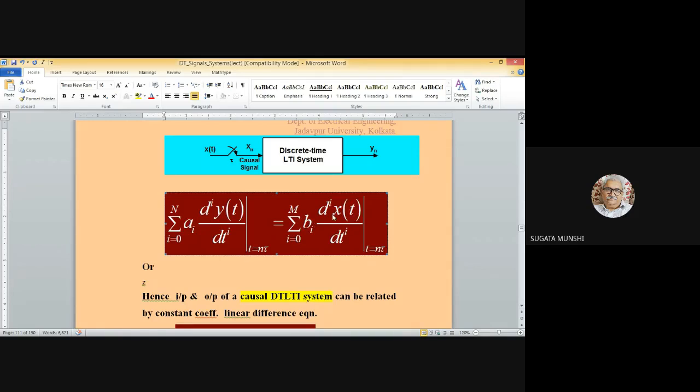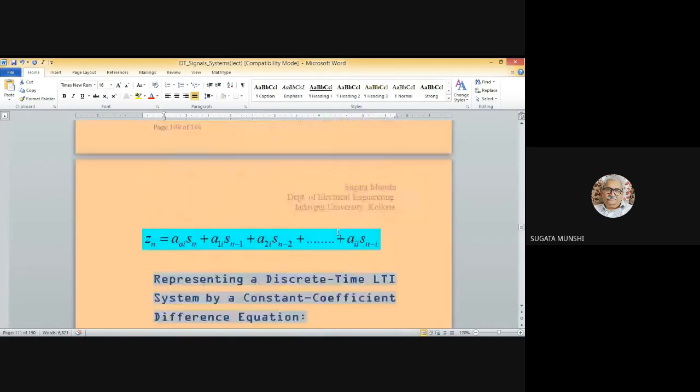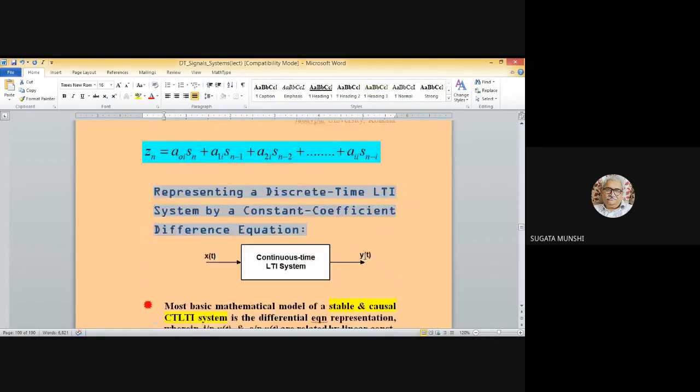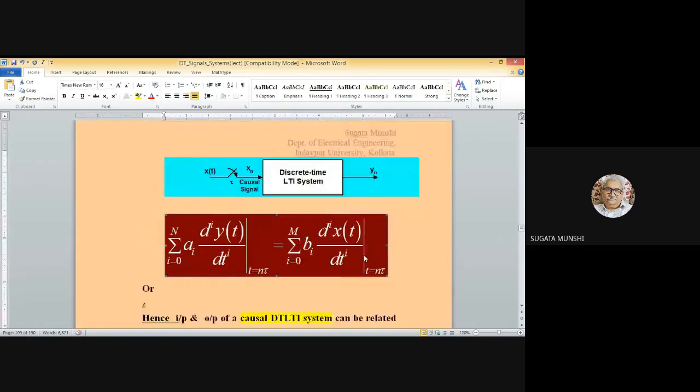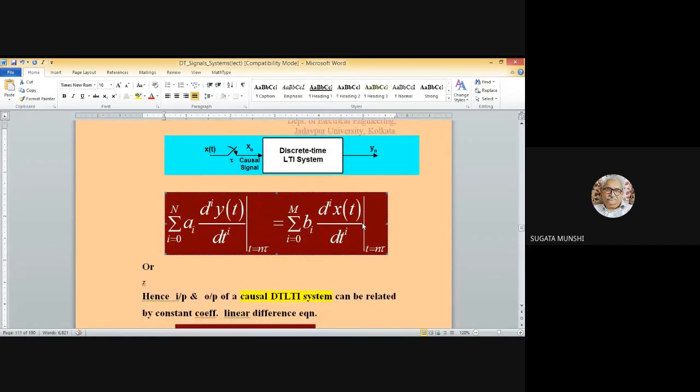Similarly here, in place of this derivative, what can you write? A_0i x[n] plus A_1i x[n minus 1] plus A_2i x[n minus 2] plus A_3i x[n minus 3] in this way up to which term? A_ii s[n minus i]. So here the last term will be A_ii x[n minus i]. Here the last term will be A_ii y[n minus i].